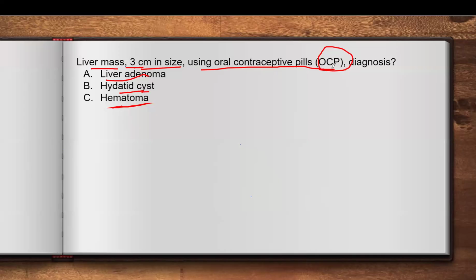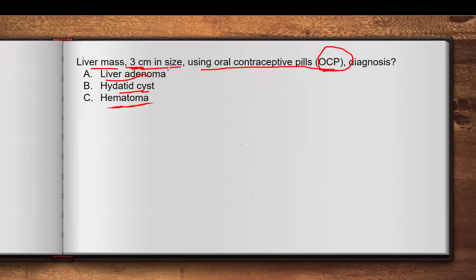And give her an alternate contraceptive measure. And it is 3 centimeter in size, so just follow up would be required. Follow up imaging or ultrasound would be required just to see if this adenoma is regressing or shrinking or not. Okay, if it was more than 5 centimeter, then along with stopping the OCPs, it is usually resected.